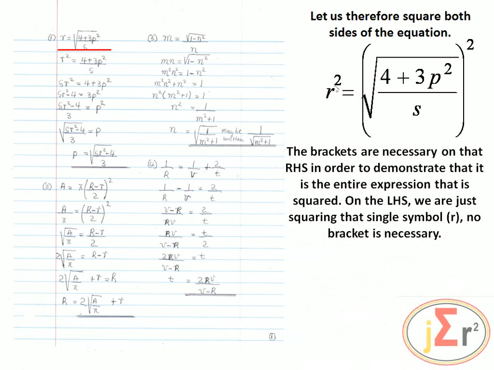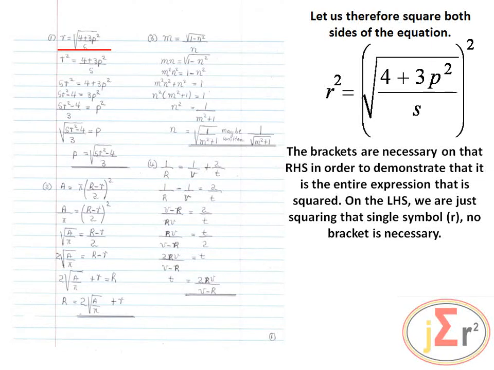The brackets are necessary on that right hand side in order to demonstrate that it is the entire expression that is squared. On the left hand side, we are just squaring that single symbol r, and therefore no bracket is necessary. So it is necessary to demonstrate that we are taking the square of everything on the right hand side.